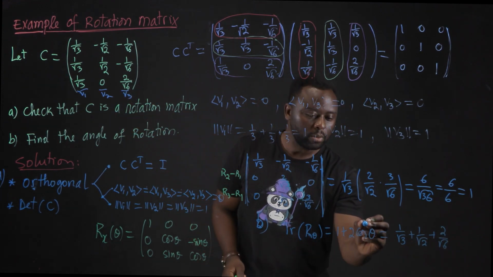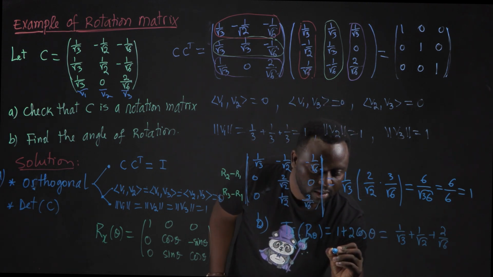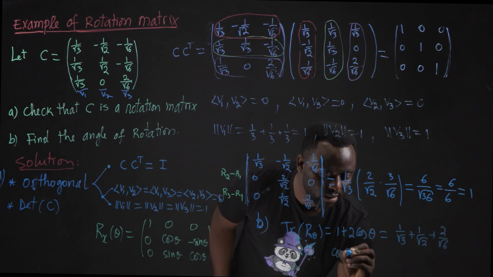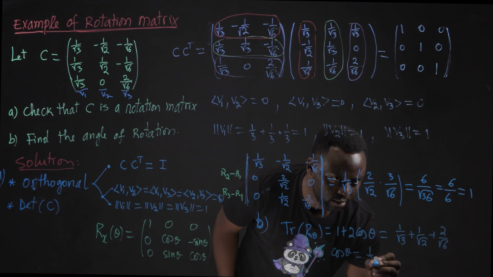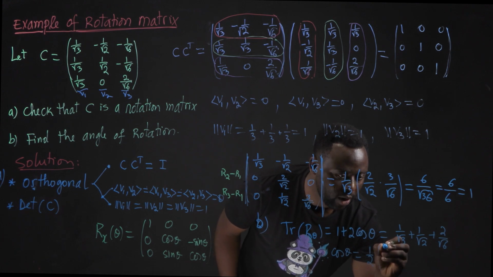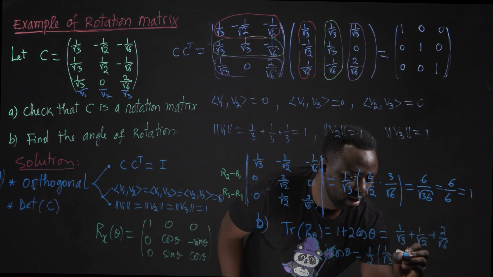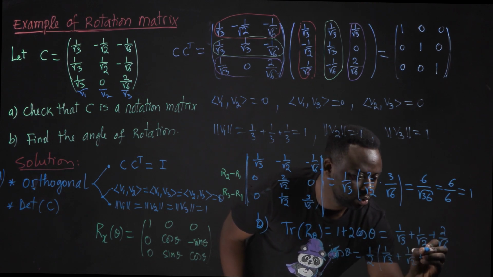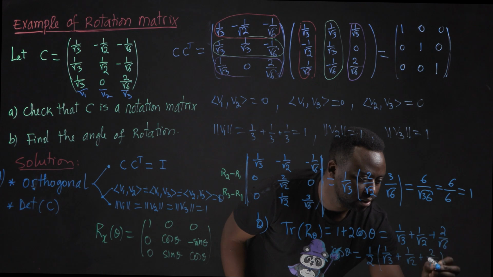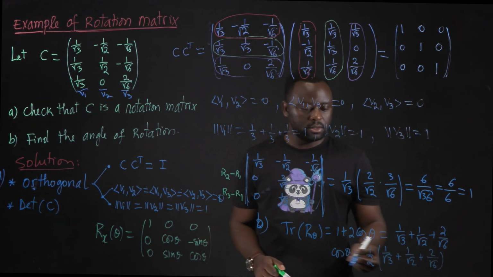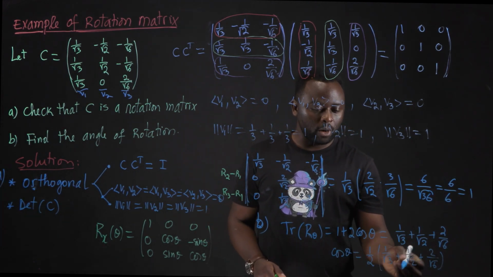Okay? So from here, we want to solve for theta. It means cos theta is half of 1 over root 3 plus 1 over root 2 plus 2 over root 6. Okay? So you can use your calculator to obtain this.